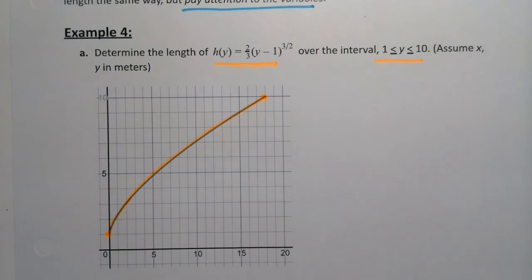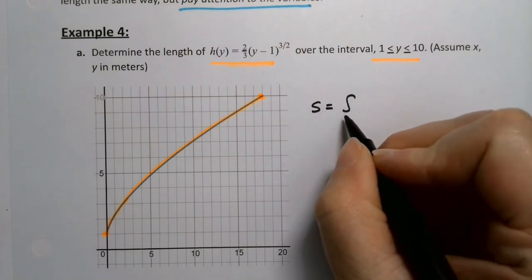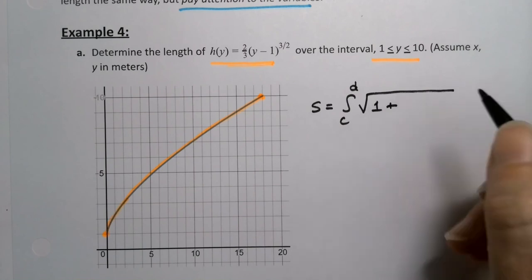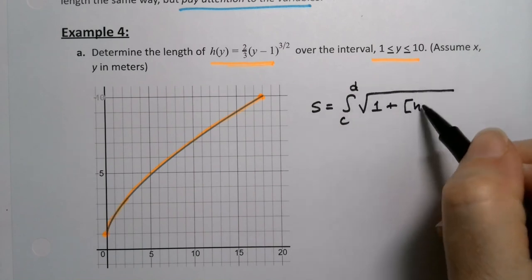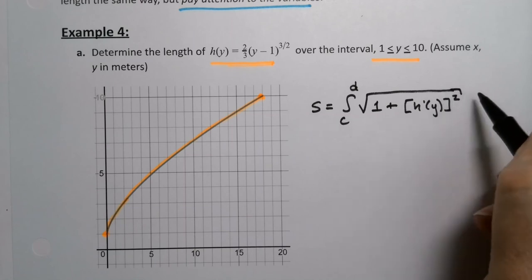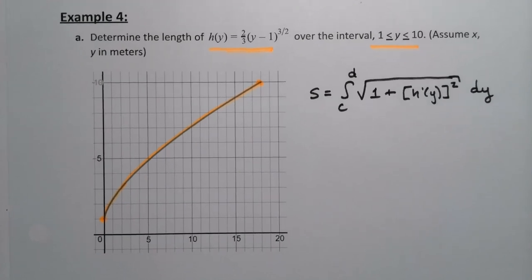All right, well then, the arc length is the integral from c to d of the square root of 1 plus, in this case, h prime of y, because h of y is our function, dy. So I'm going to show you in this example that it works even if you use y as your variable. It'll be fine.